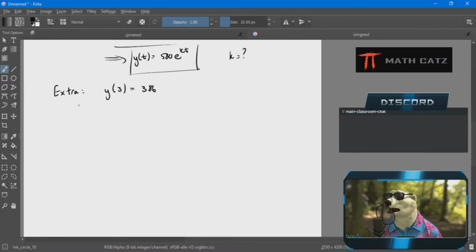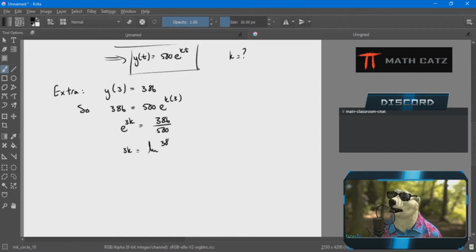So I can use that and say that 386 has to then equal 500 e to the k times 3. So e to the 3k is 386 over 500. 3k is therefore the natural log of that. And so k is a third of log 386 over 500.